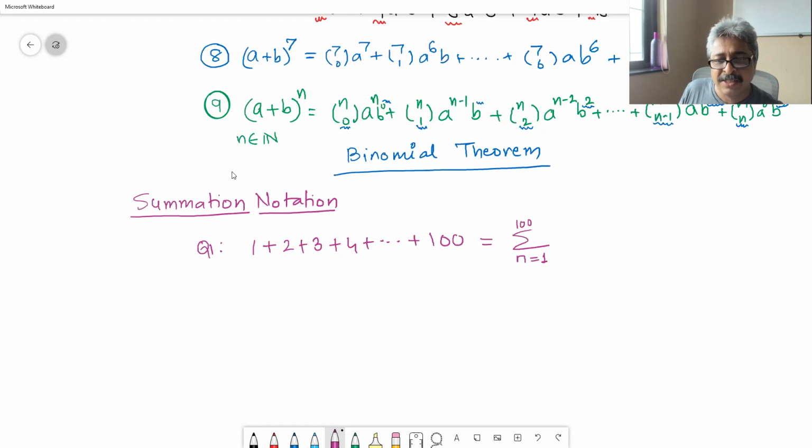N is called, in this case, the summation index. What is sigma? Sigma means add. It is the capital Greek alphabet sigma. Add or sum.